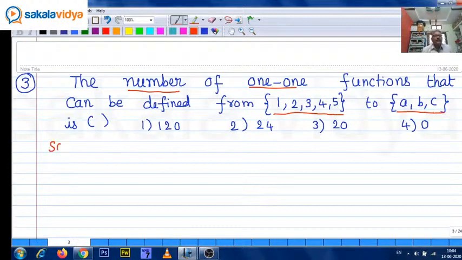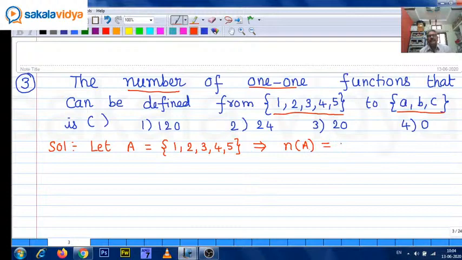That means, suppose let us say A equals 1, 2, 3, 4, 5. So that implies now you can write n of A, the number of distinct elements present in A, that is 5. Let us say B equals A, B, C. Cardinality of B, n of B, is equal to 3.